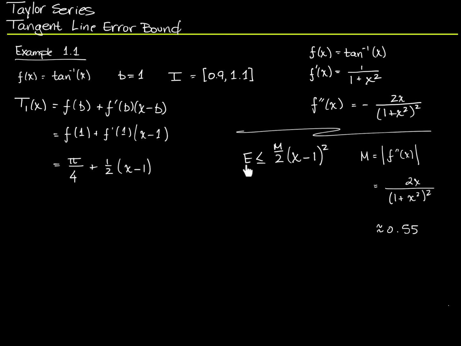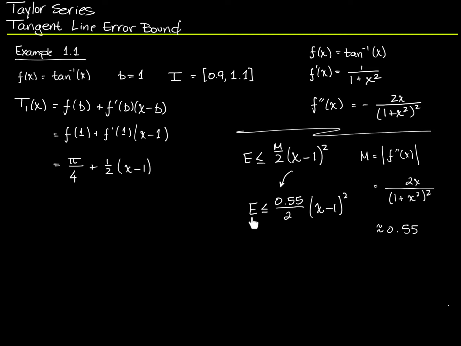In other words, e will be something less than that value. So I'm going to let m equal 0.55, and that gives me that e is less than or equal to 0.55 over 2 times x minus 1 squared.